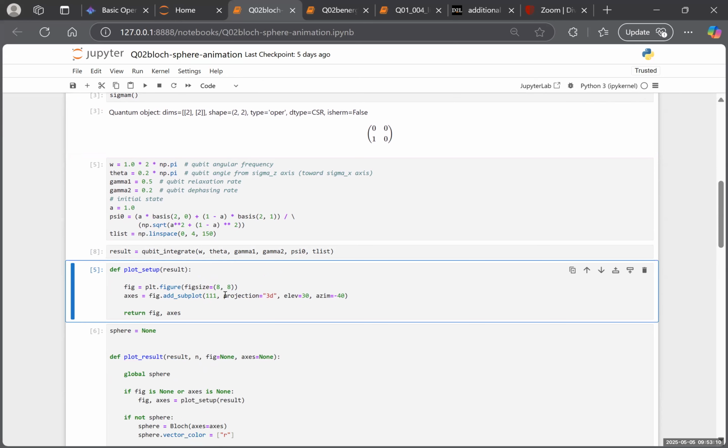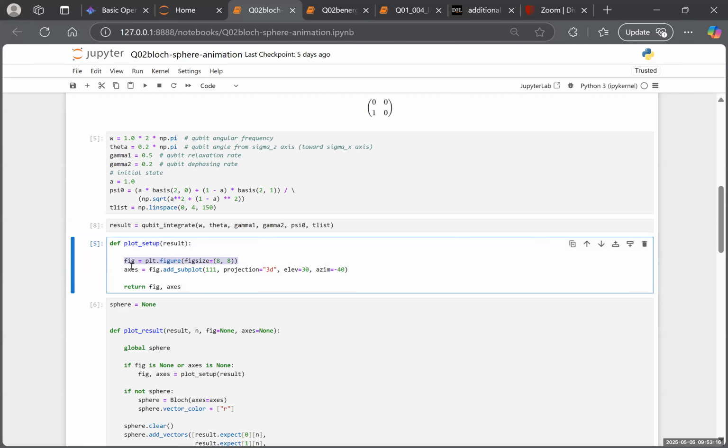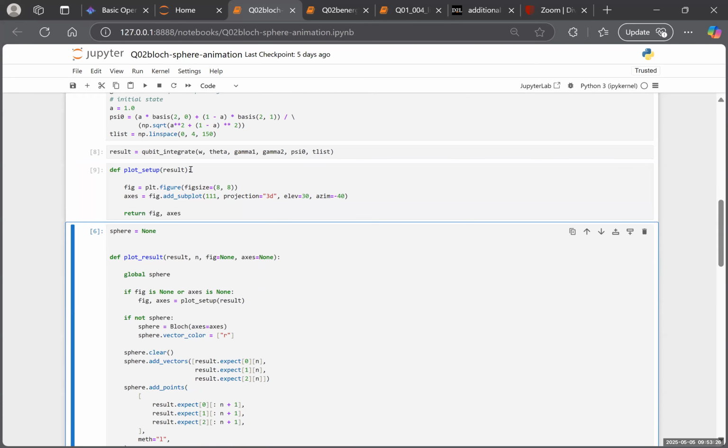Okay, now we just set up a plot. This is setting up the plot, the figure of the size, axis, subplot. Okay, so that's the standard way. And actually here, the result is not yet used.